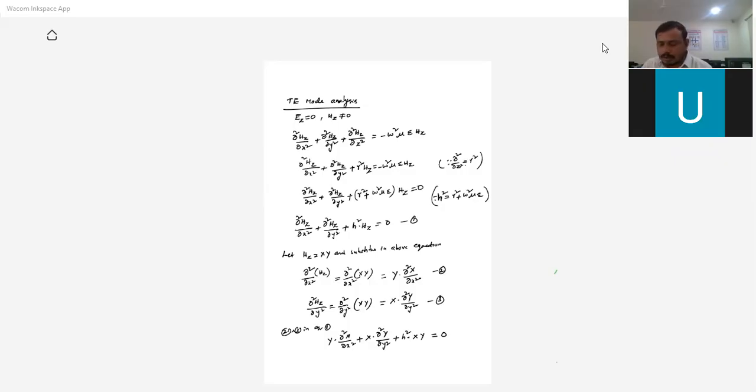Now we can take XY common, or divide with X into Y. What happens is 1 by X into del square X by del x square plus 1 by Y into del square Y by del y square plus h square is equal to 0. Then we can take 1 by X into del square X by del x square is equal to minus b square.